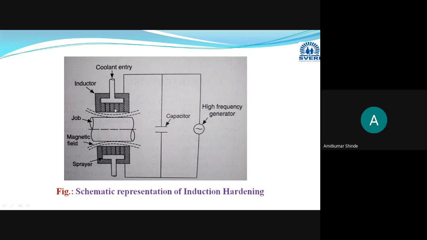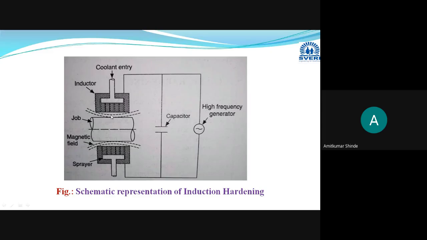Now what will happen here: high frequency alternating current will be provided to these inductor coils, and due to that, a magnetic field is generated. Through these inductor coils the high frequency alternating current will flow.